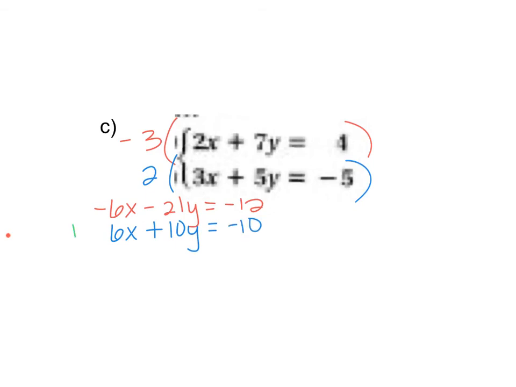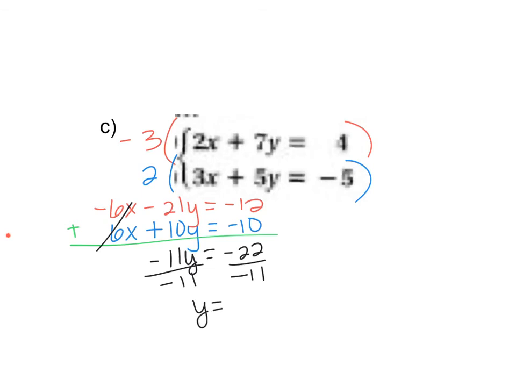All right, let's go ahead and add them together. x's cancel, y's, you have -11y equals -22. Divide both sides by -11, so your y equals +2. Sweet. Whole number answer.